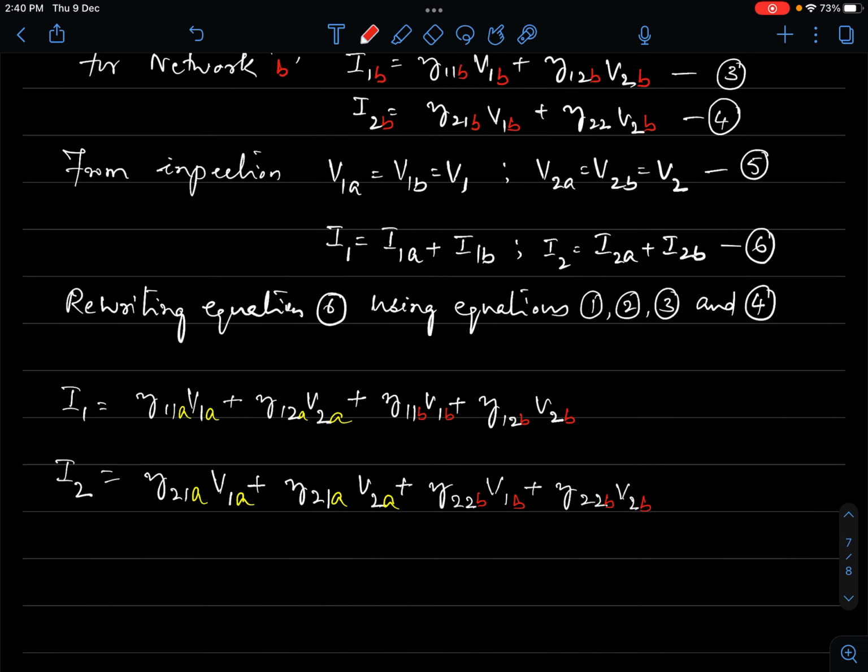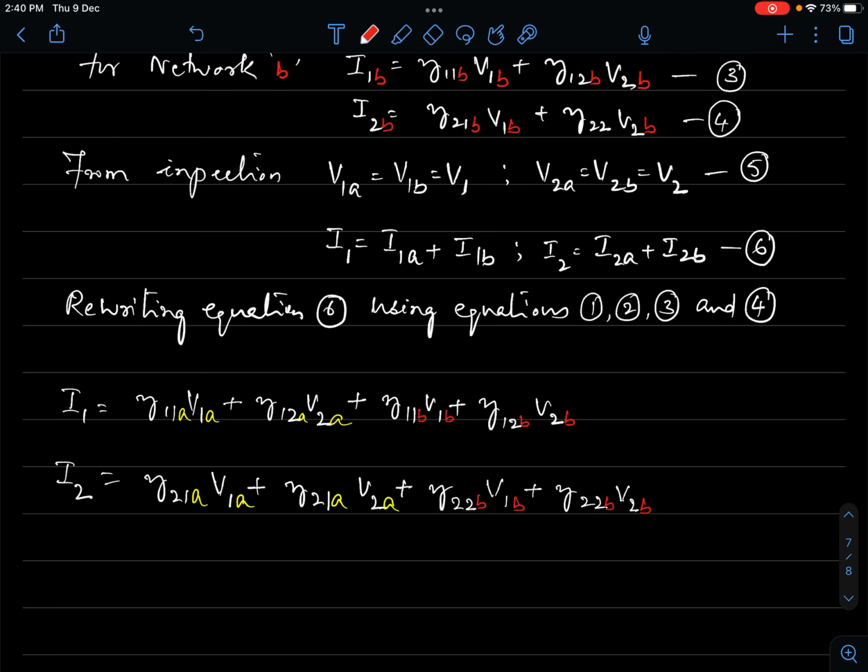Okay, so I'm able to get the relationship between V1 and V2. Now on the right hand side I should have V1, V2, and on the left hand side I1, I2. So I will now make use of relationship 5.